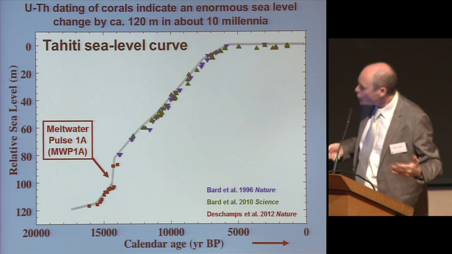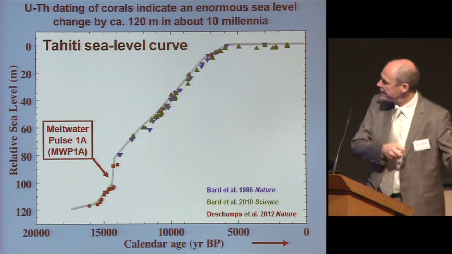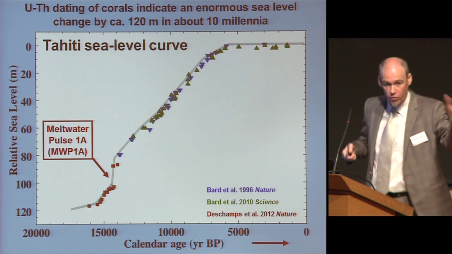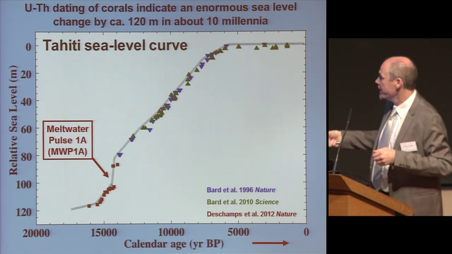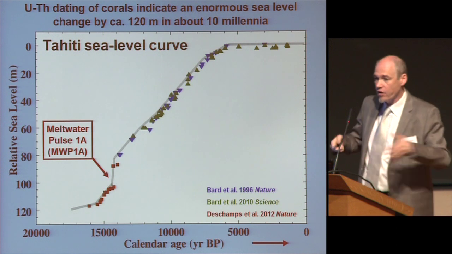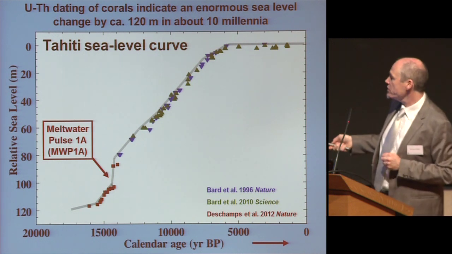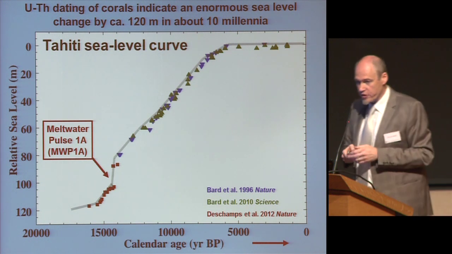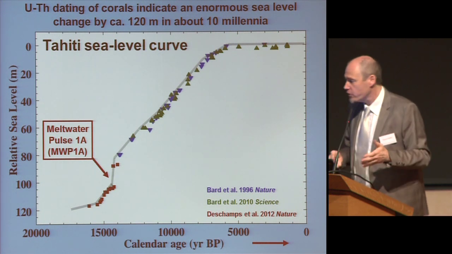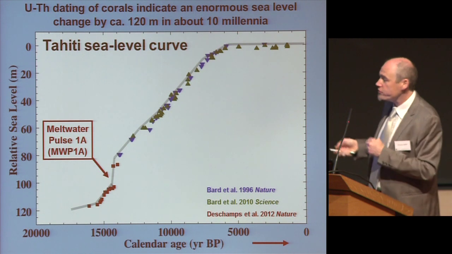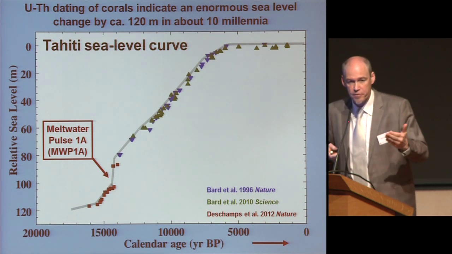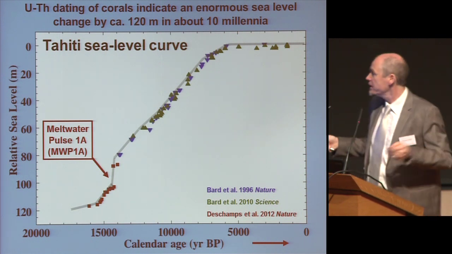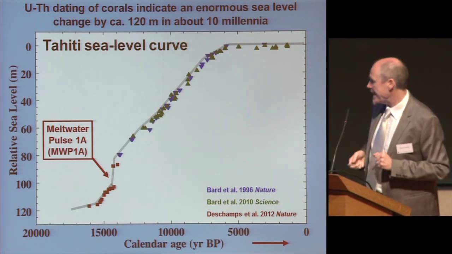And then we more recently published a paper with the update based on the IODP corals that correspond to the deeper corals in order to get the full 120 meters of sea level change over the last deglaciation. What was also not a surprise, because I will show you that we had similar information before that, but we confirmed the presence of a significant sea level step that occurred at about 14.5 thousand years before the present, which we call Meltwater Pulse 1a.